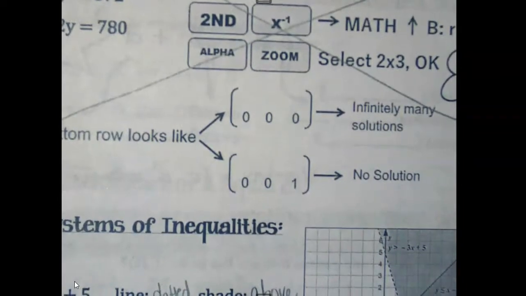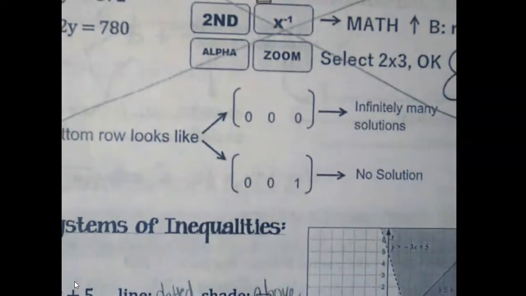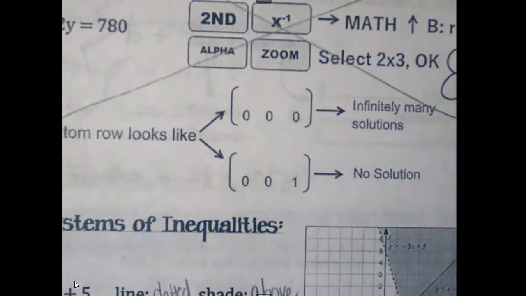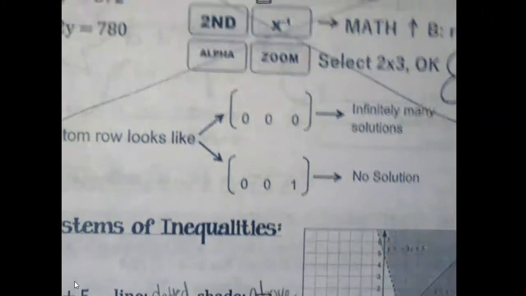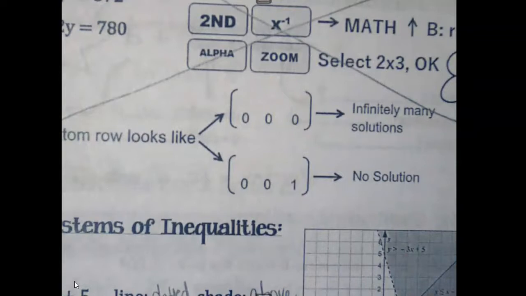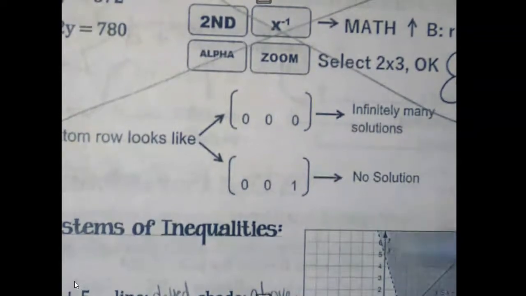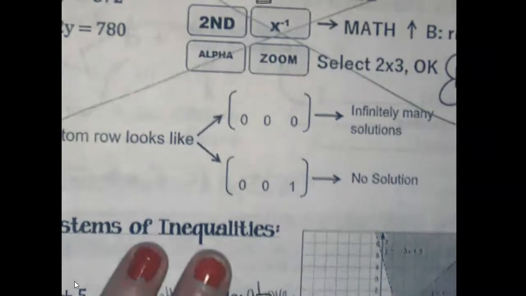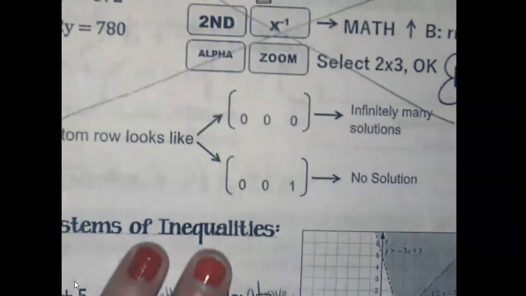This one has a less than or equal to, which means it's going to be a solid line. And because it is less than, we're going to shade below. So this one has the dotted line. They graphed it for us. So the solution is going to be where they overlap.